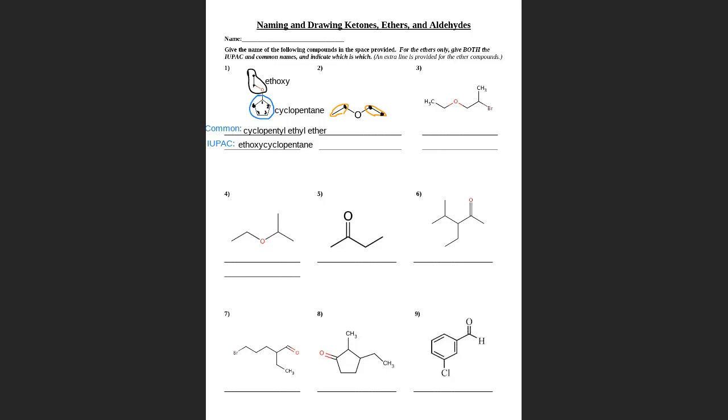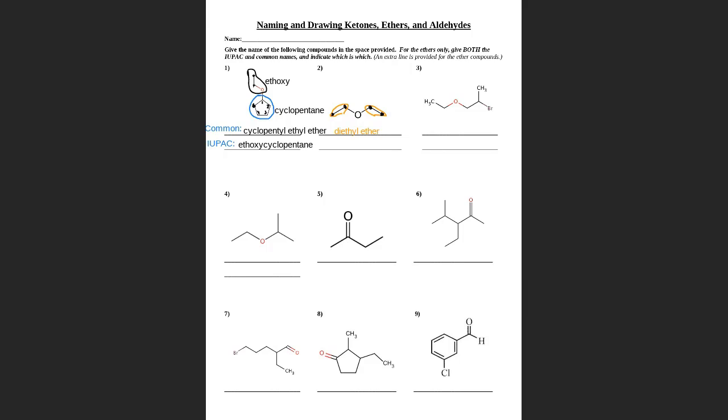So it would be an ethyl. And on the left-hand side, it's the same. So what would I call this for the common name? Diethyl. Diethyl, yeah. Some might assume ethyl, ethyl ether, but if it's the same, you can just say diethyl. Diethyl space ether.